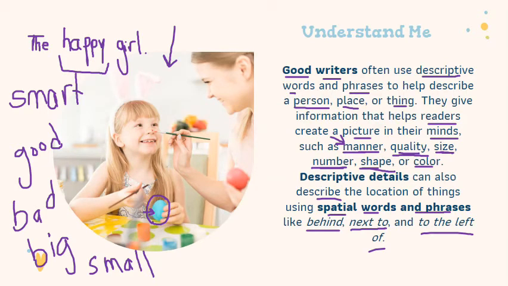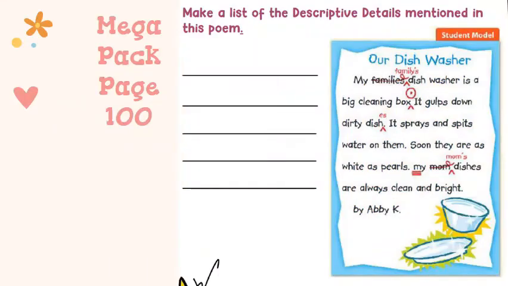The girl sitting next to the teacher is happy. So I'm using the word next to. This is a spatial word. I can say, for example, the lockers or the closet behind the girl are colorful. So I'm also using another describing word to tell about something behind the girl. So these are called the spatial words.